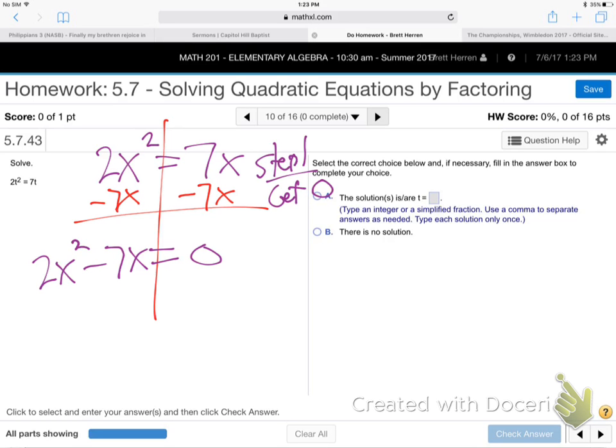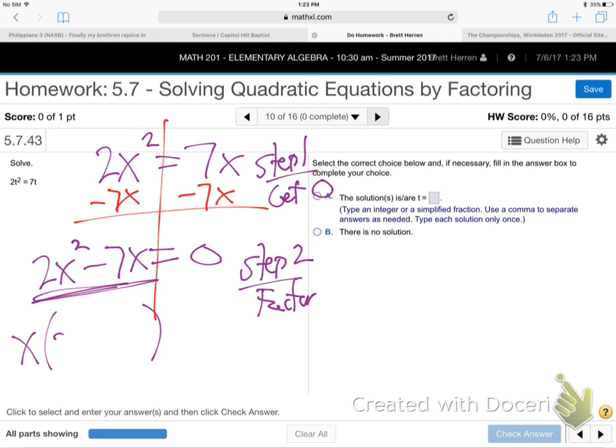Now what? Step 2. Factor. And the first step in factoring is GCF. So as you look at these guys, what's the GCF? Just x, huh? Just take out an x. Leaves 2x minus 7.